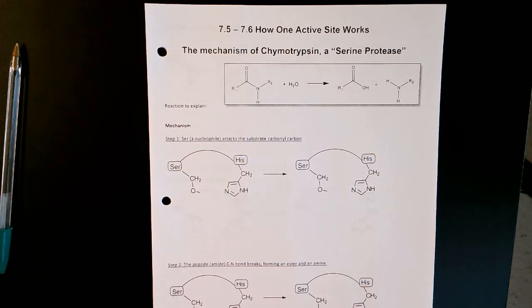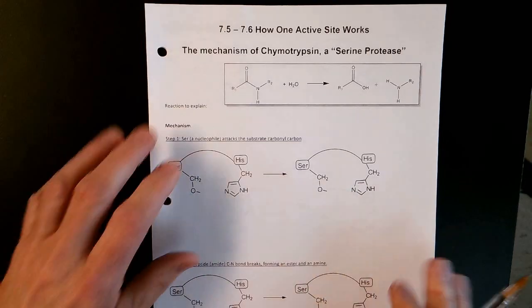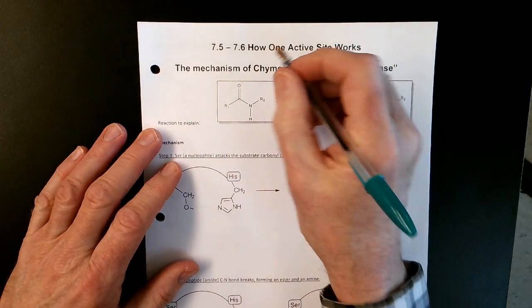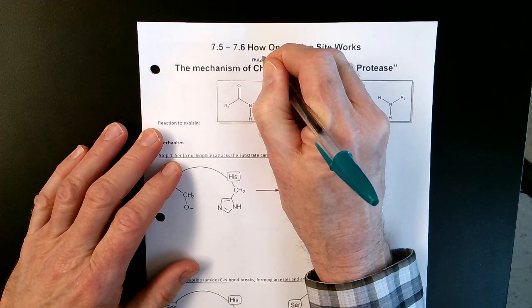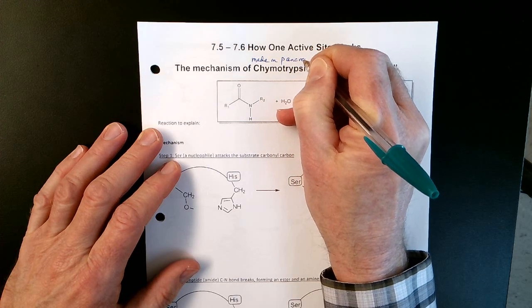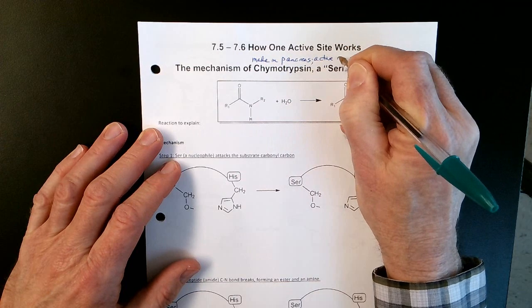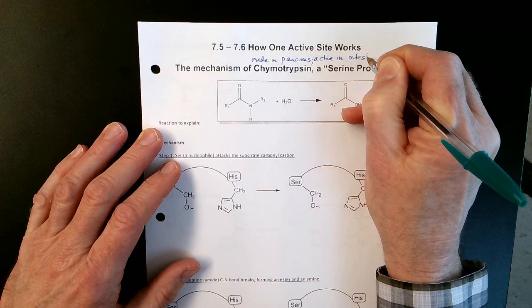So speaking of the proteins that are active only in the right place at the right time, here's one of them. Chymotrypsinogen, made in the pancreas, active in the intestine. There it is. Made in the pancreas, active in the intestine.